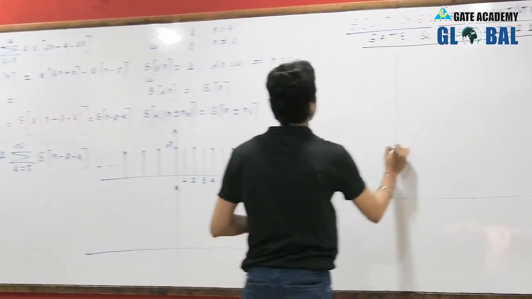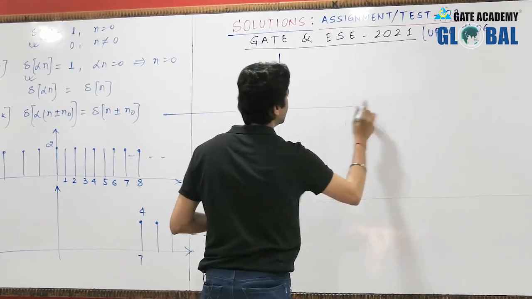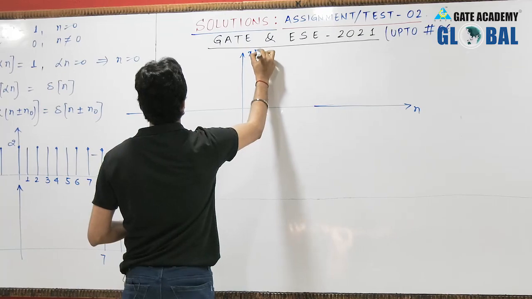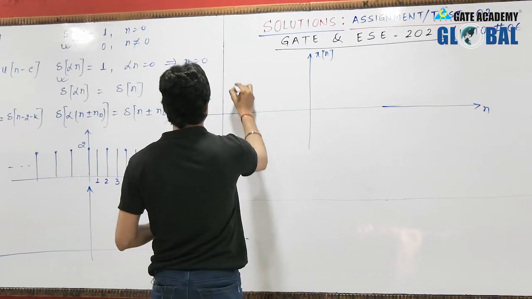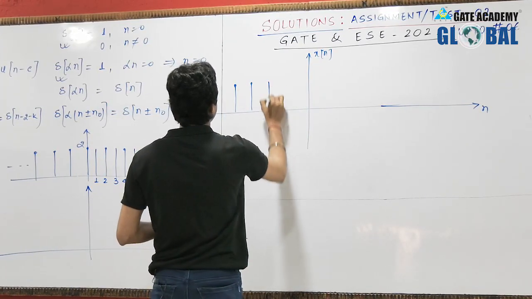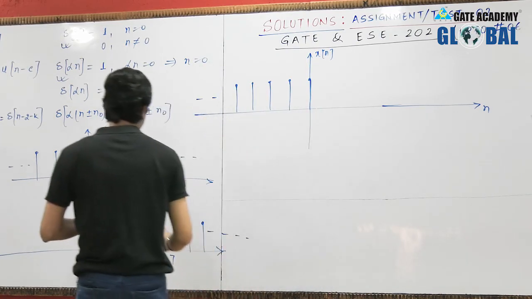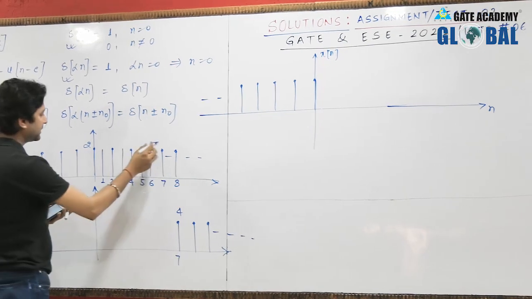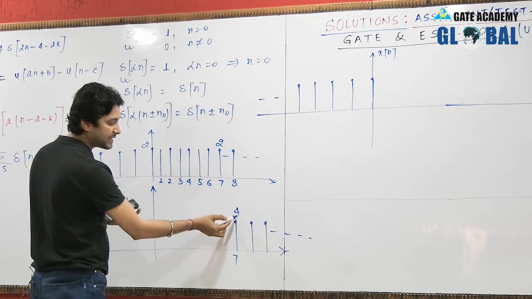If you plot the difference of these two signals with respect to n, we are now plotting x of n, that is 2 minus this signal. So this x of n will have value 2 from minus infinity up to n equals 7, where the value changes, because the value is 2 and at n equals 7 another impulse occurred having value 4.